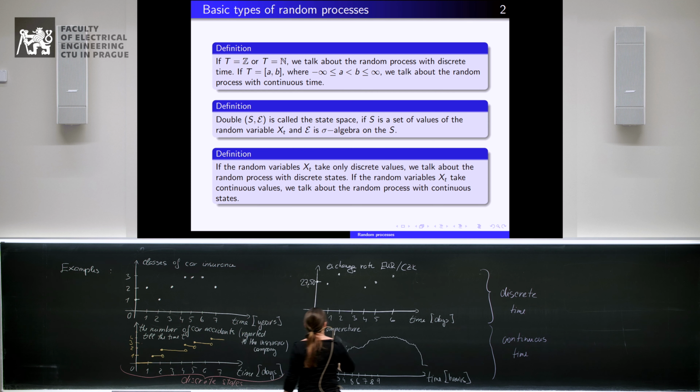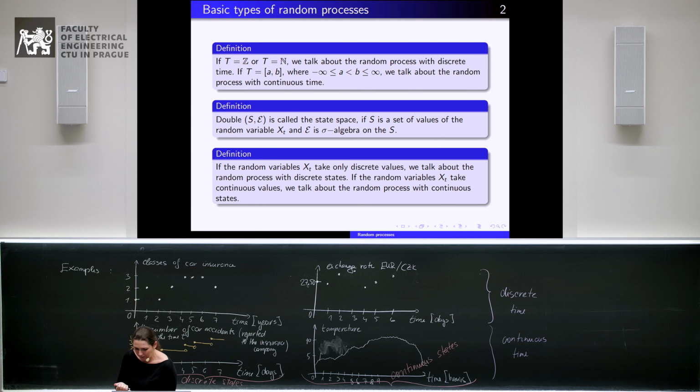And in these right plots, we considered some continuous values, continuous things. So in these cases, we talk about continuous states.